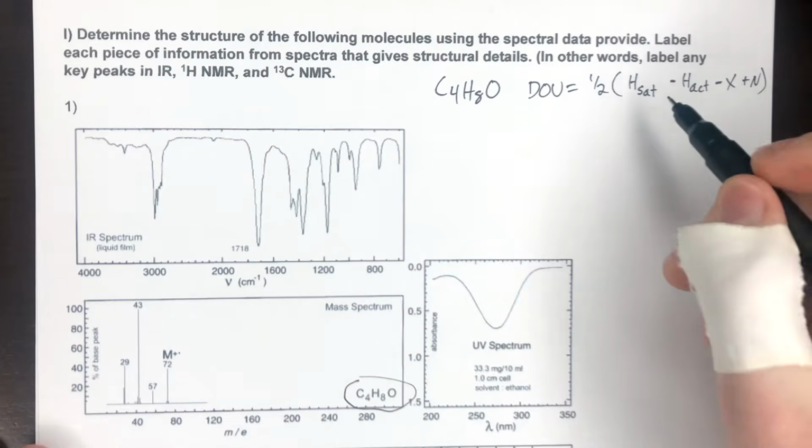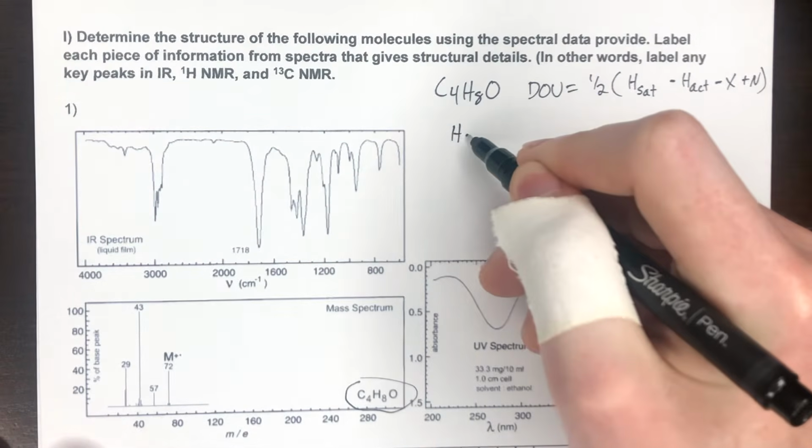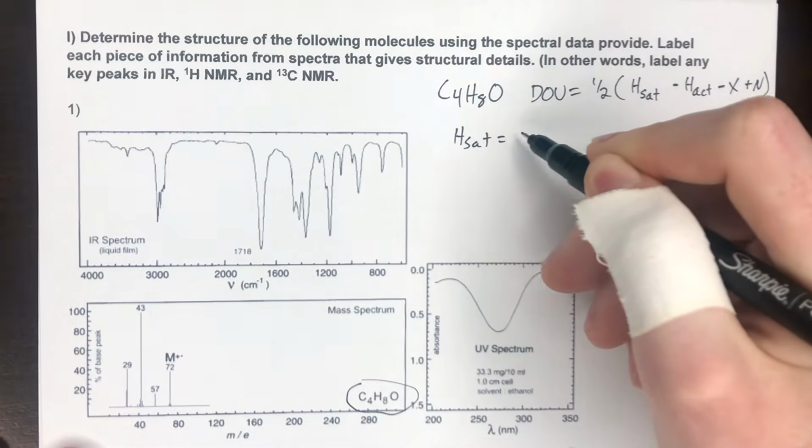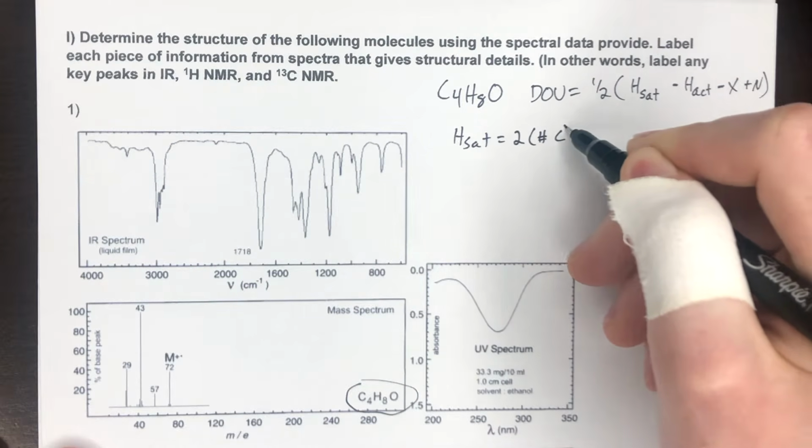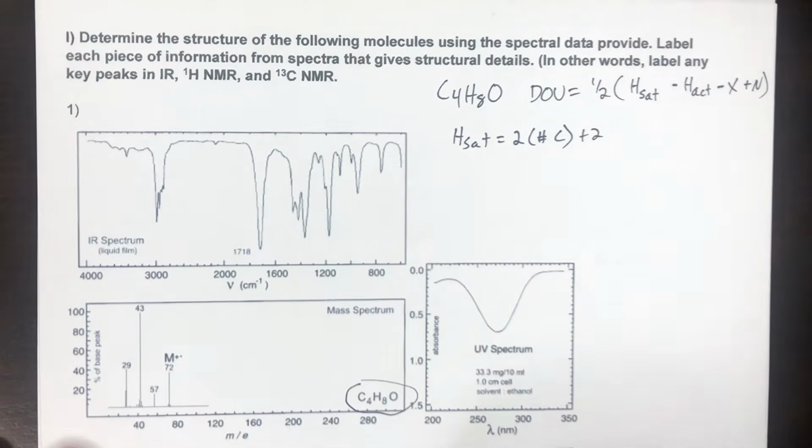Here, what I mean by H saturation is 2 times the number of carbons plus 2. That is always the formula for a fully saturated hydrocarbon.